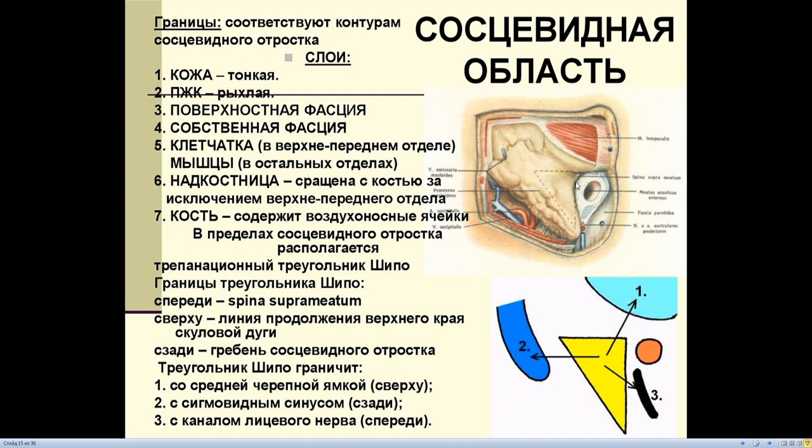As you remember, the middle ear, I mean the tympanic cavity, contains six walls. The posterior wall, pars mastoideus, is the entrance into the mastoid cavity or mastoid cells.